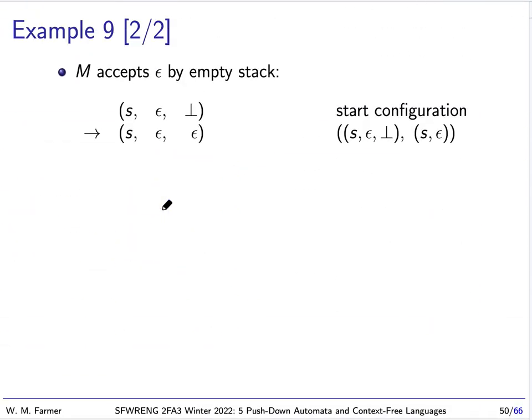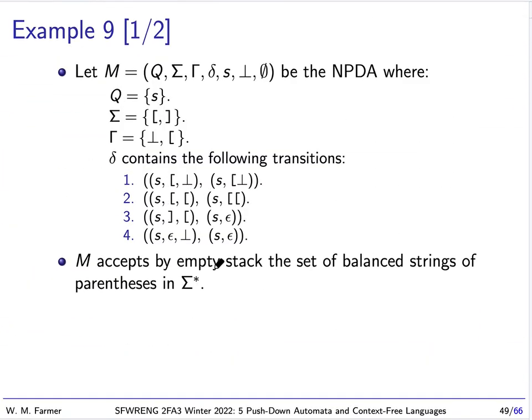Let's just go and look at that transition. That's this transition. When we're reading a right parenthesis and there's a left parenthesis on the top of the stack, we pop that off and we don't push anything on.